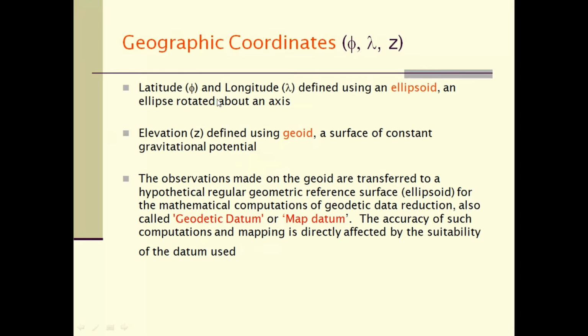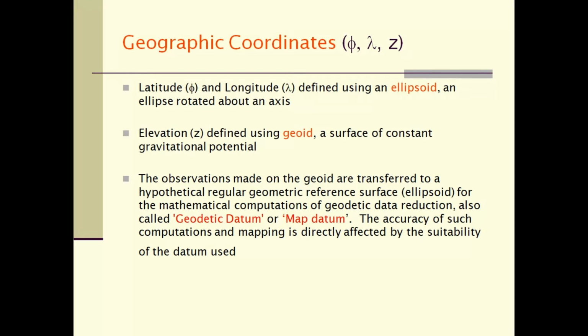Latitude and longitude are defined using the ellipsoid, an ellipse rotated about an axis, whereas elevation Z is defined using the geoid, a surface of constant gravitational potential. We say MSL. The observations made on the geoid are transferred to a hypothetical regular geometric reference system, called the ellipsoid, for the mathematical computation of geodetic data reduction, also called the geodetic datum or map datum.